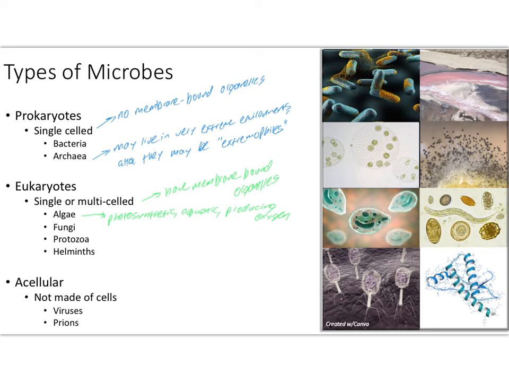Fungi, I'm going to switch colors here just to differentiate them, can be single or multi-celled as well. These are really critical for food production. They're really critical in decomposition and nutrient cycling.